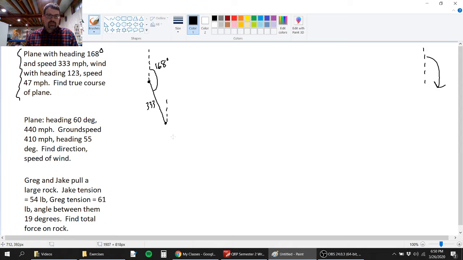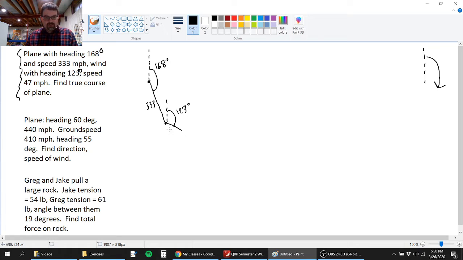So I put a north line there because we're going to measure the heading of the wind from there. And the wind's heading is 123 degrees. So 90 would be straight east, 123, more like that. All right, and this angle is 123.